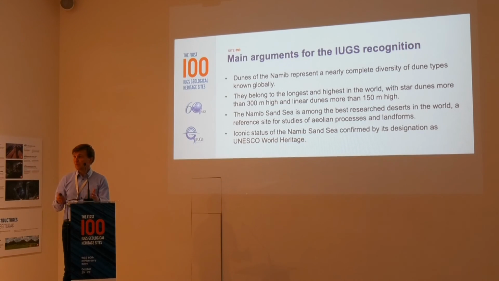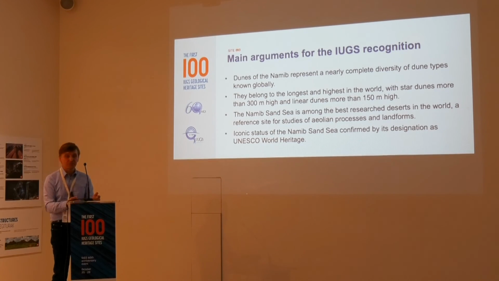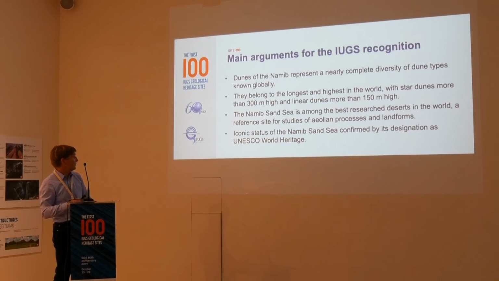So summing up, the main arguments for the IUGS recognition are a nearly complete diversity of dune systems known globally is present within the Namib Sand Sea. They belong to some of the highest in the world. I'm not going to enter that competition, but it is worth emphasizing that the star dunes are more than 300 meters high and the linear dunes are more than 150 meters high, so they are very big features.